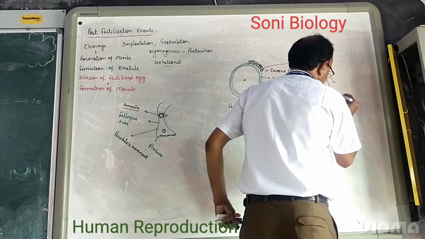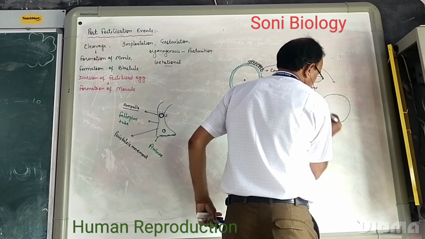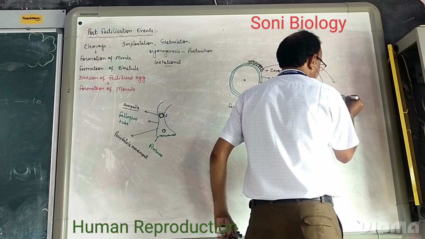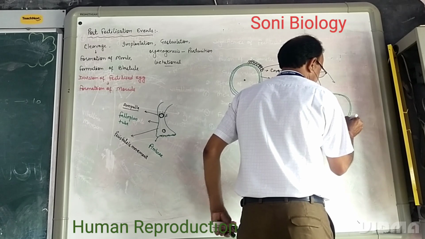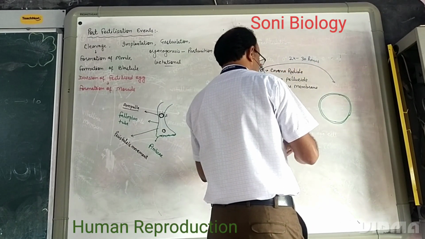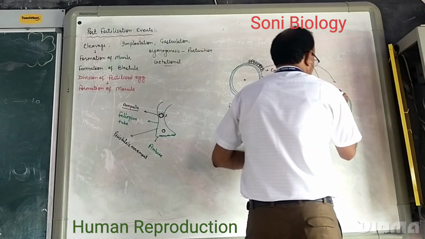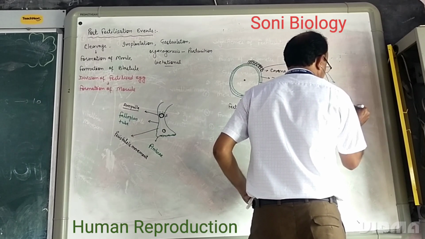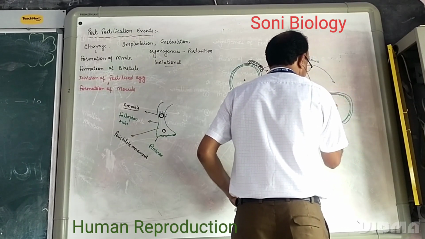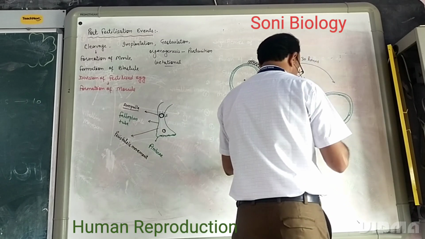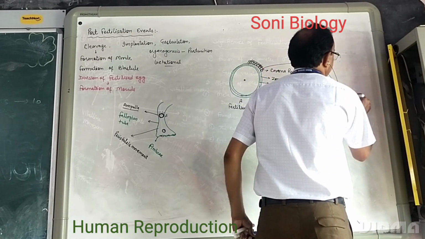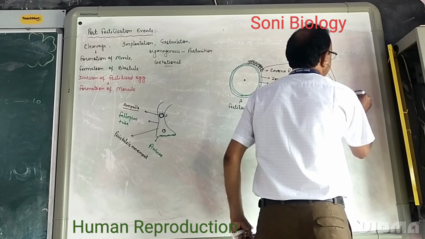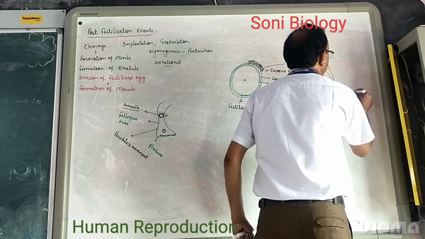The egg size remains the same. The vitelline membrane, the zona pellucida and corona radiata are also present here.